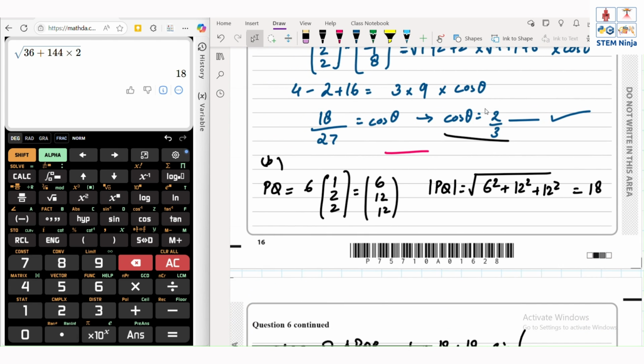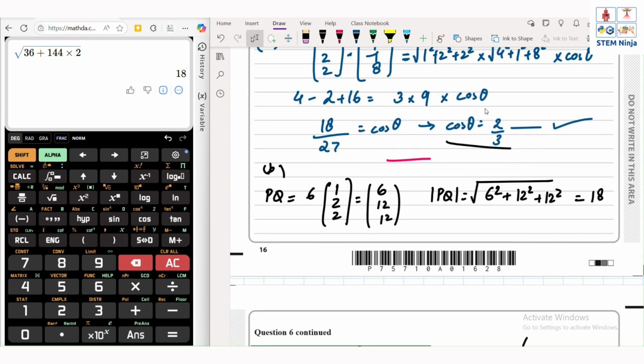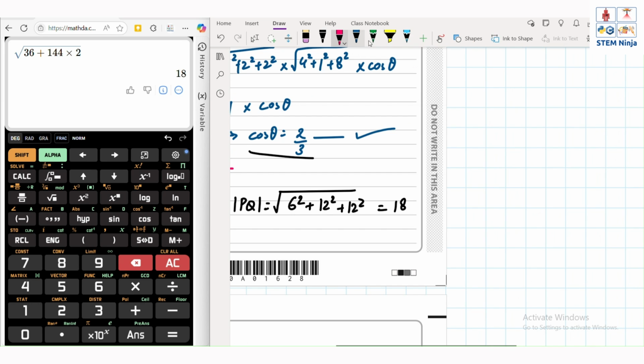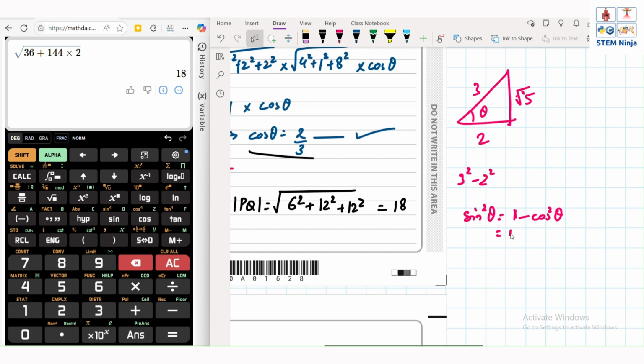We have multiple ways of doing this. We can use a triangle method. If this is theta, cosine is 2 over 3. For this side, you could do 3 squared minus 2 squared, 9 minus 4, 5, so this would be the square root of 5. Another method is to know that sine squared theta is 1 minus cos squared theta, so that would be 1 minus 4 over 9, which is 5 over 9.